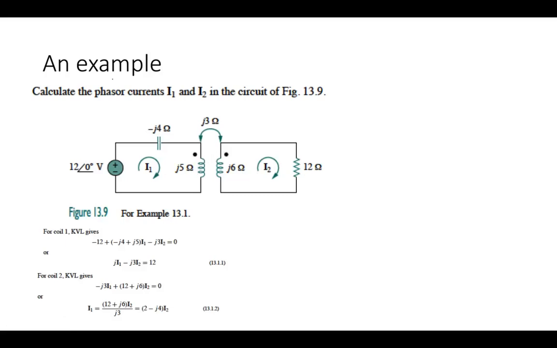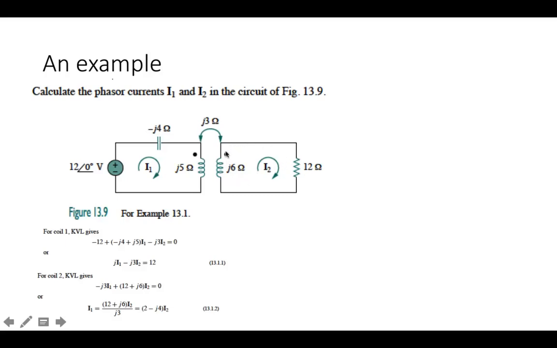But the mesh that we're actually writing is the KVL for the mesh that contains I1. So what we're interested in is what is the induced voltage by I2. If you look at I2, it actually leaves the dot in its side of the circuit.